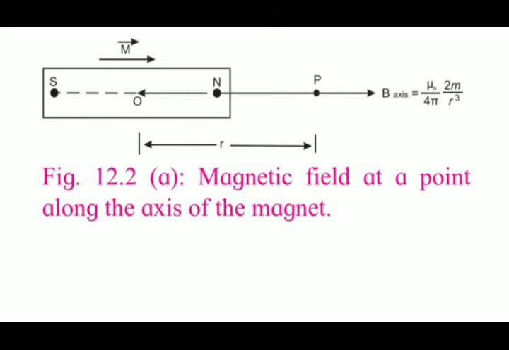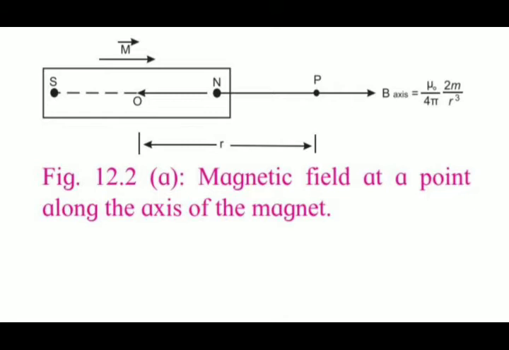We will now find the magnetic field at a point P along the axis of the bar magnet. Let r be the distance of point P from the center of the magnetic dipole.